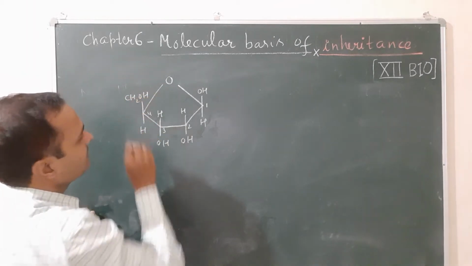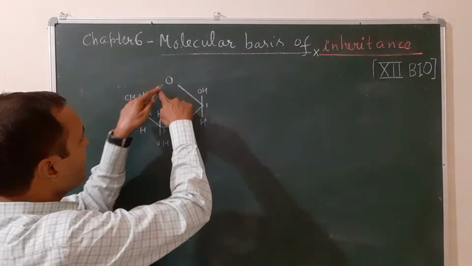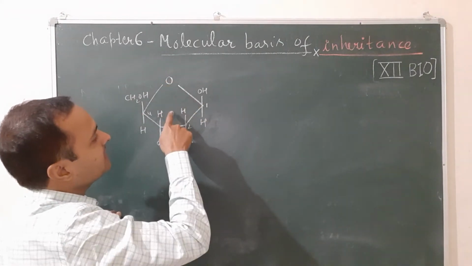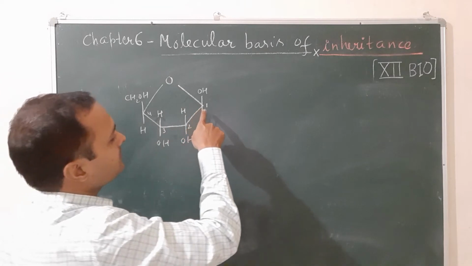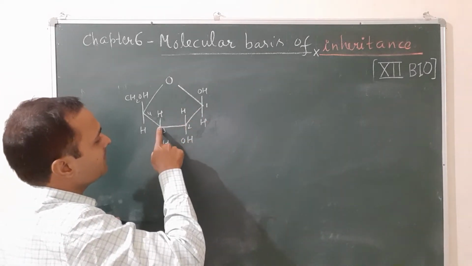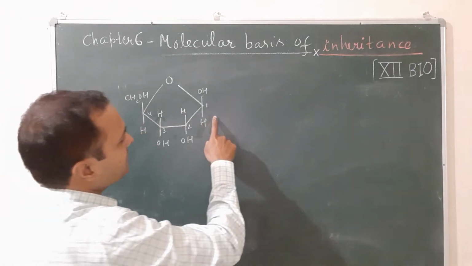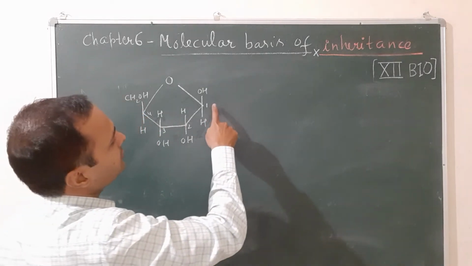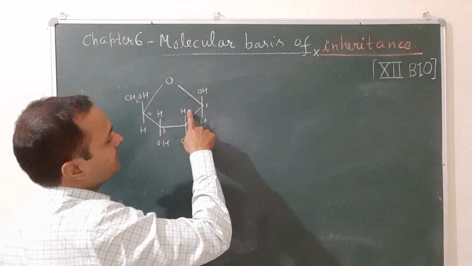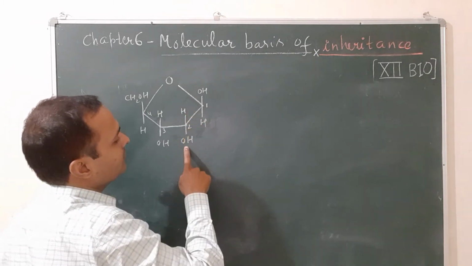CH2OH. Once again, first we draw a pentagonal structure, and this ring structure contains the 4 carbon atoms. In the first carbon atom, you put the OH group upside and hydrogen down. In the second one, H will be upside and OH down.